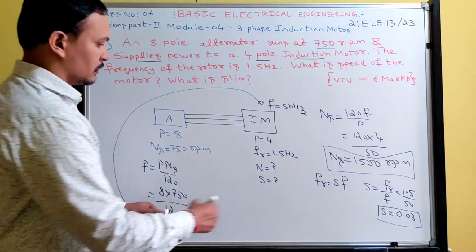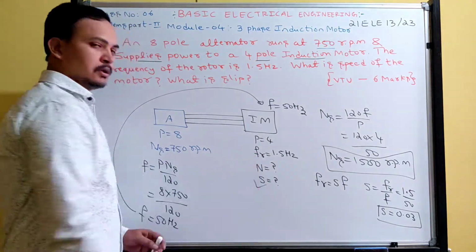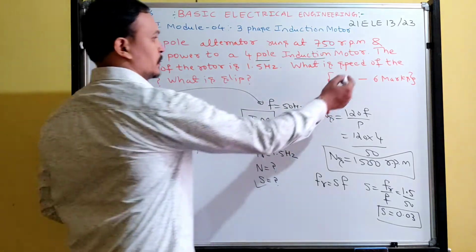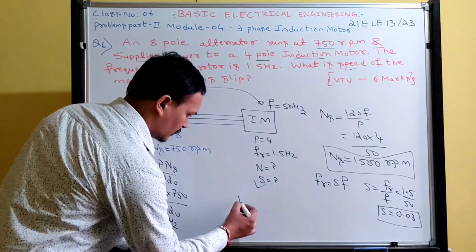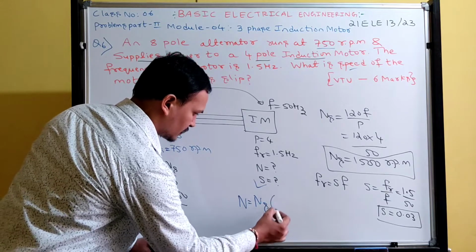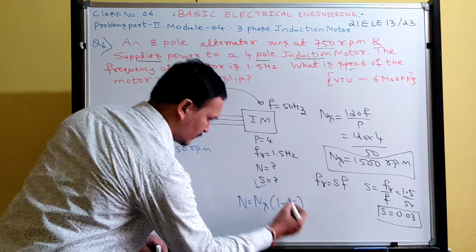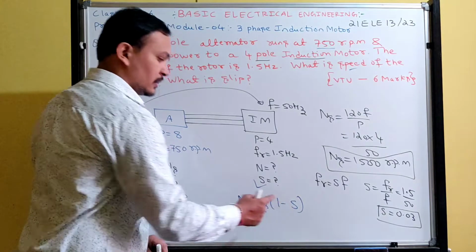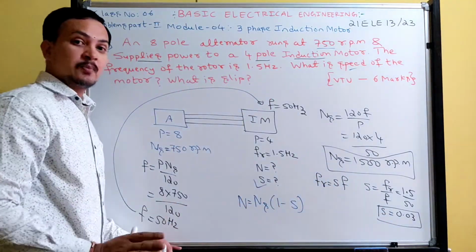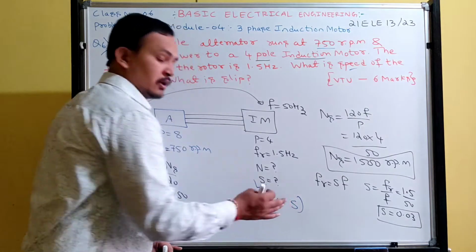I calculated slip. Next, what is the speed of the rotor? The rotor speed formula is n is equal to ns within the bracket 1 minus s. You must write the absolute slip here. Don't write 3%, and don't write 3, because 1 minus 3 becomes negative.